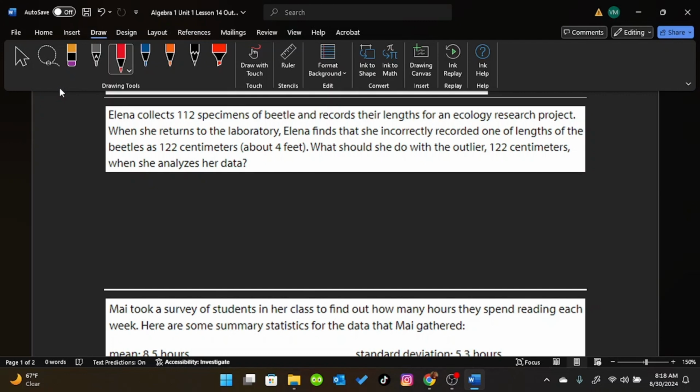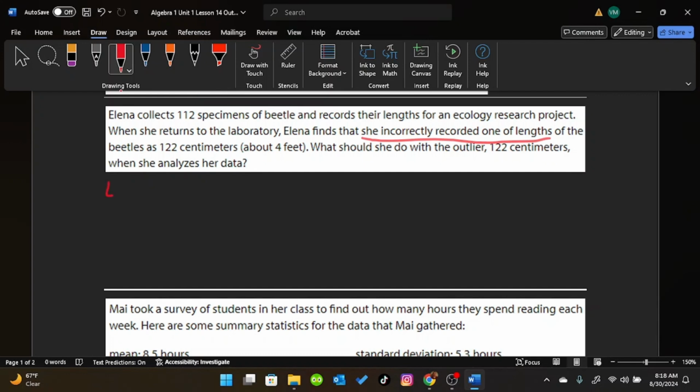So the key here is that she incorrectly recorded one of the lengths. She knows it was a wrong measurement, and because there is evidence that that number is wrong, then we get rid of it.